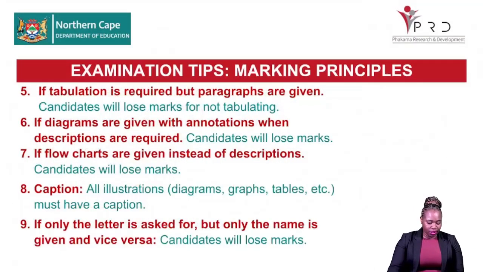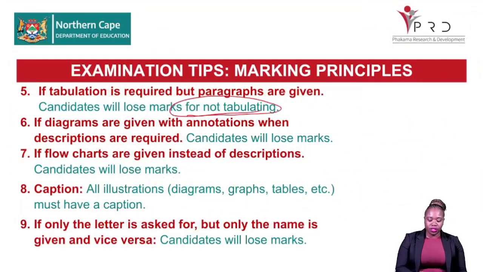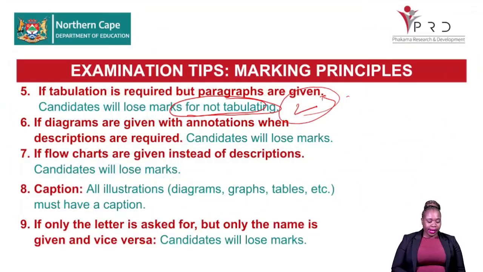All right, now let's have a look at number 5. It says if tabulation is required but paragraphs are given, candidates will lose marks for not tabulating. So if the question says tabulate, make sure that you tabulate so that you get that 1 mark for drawing a table. Drawing a table gives you a mark. Now you do not want to be losing marks for simply drawing a table, right? Now next, if diagrams are given with annotations when descriptions are required, candidates will lose marks.